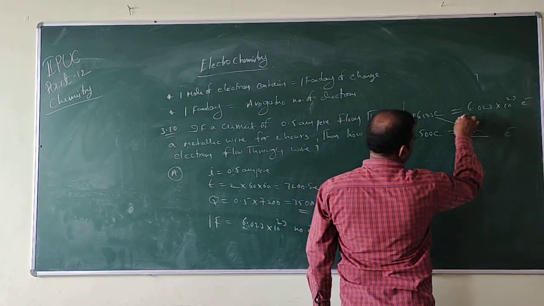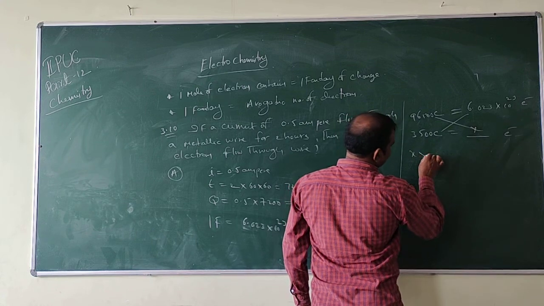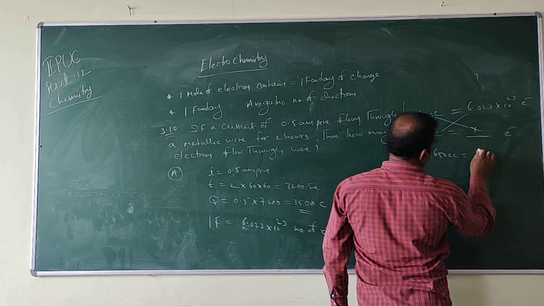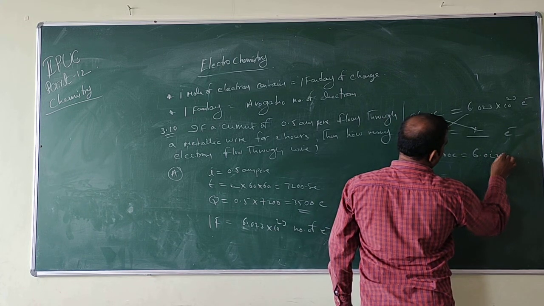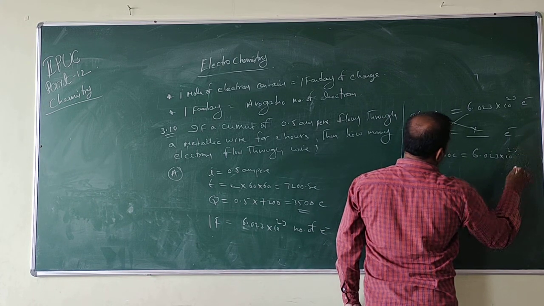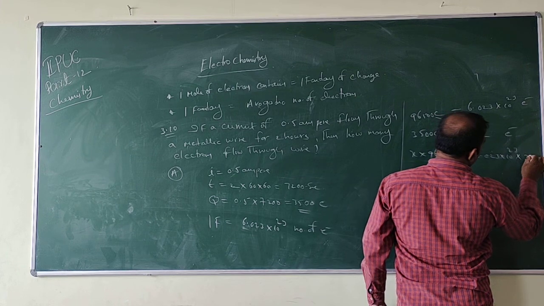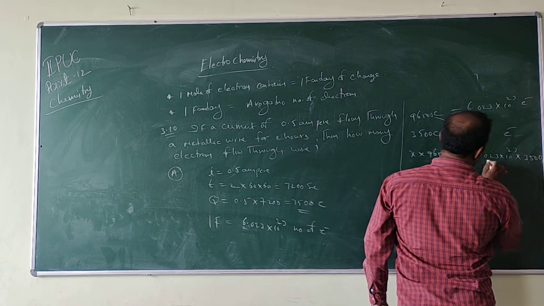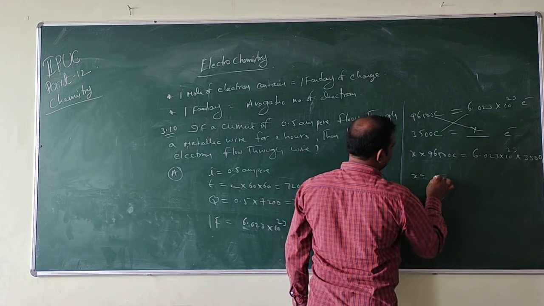If you cross multiply, x into 96,500 coulombs is equal to 6.023 into 10 power 23 into 3,500 coulombs.